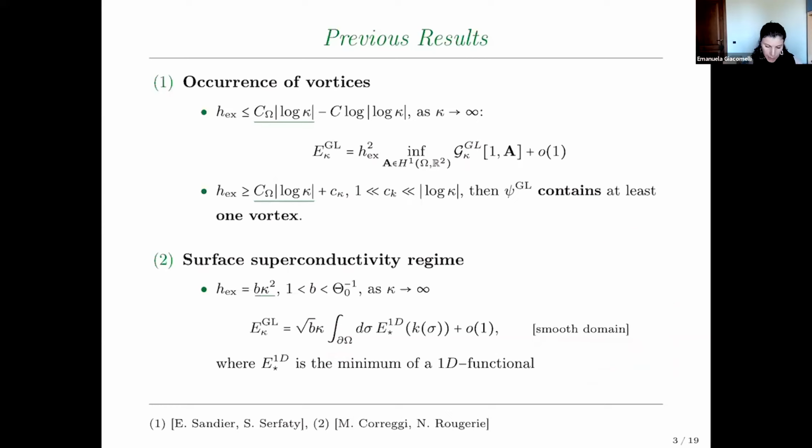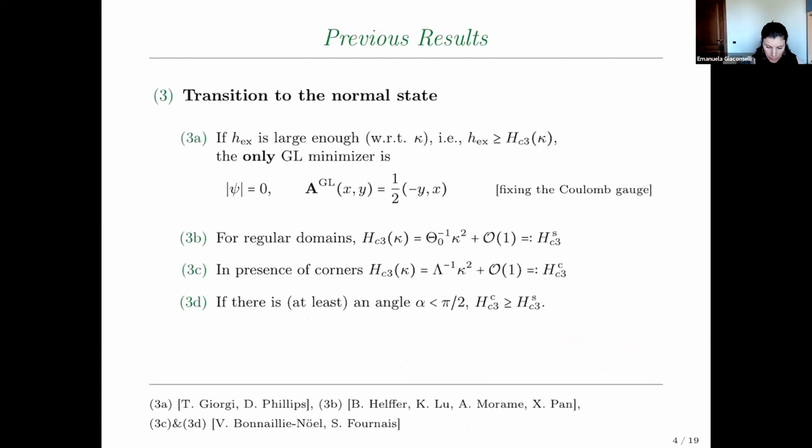But before doing that, I would like to tell you the full story, meaning that if you then increase a little bit more the intensity of the field and you reach a quantity which so far I just called C3, which of course depends on kappa, then the only Ginzburg-Landau minimizer is given by this pair here.